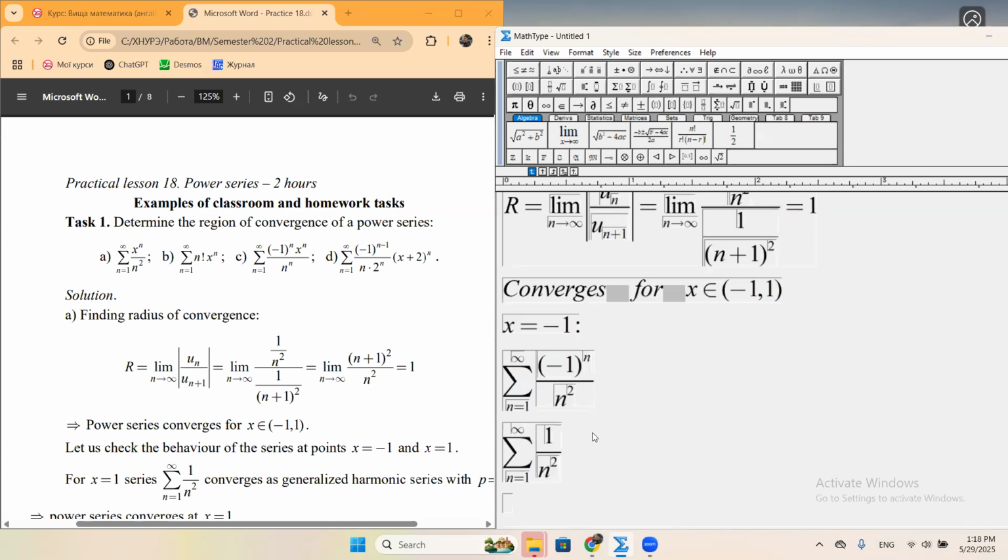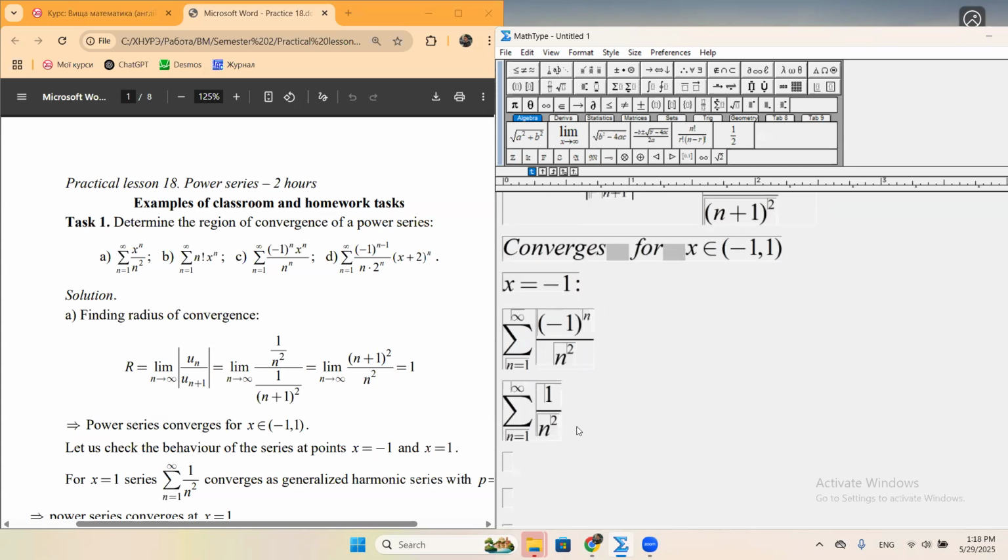So let's investigate a series based on the modules of these coefficients, and we see that it is a generalized harmonic series with a power of 2 that is greater than 1, so it converges.